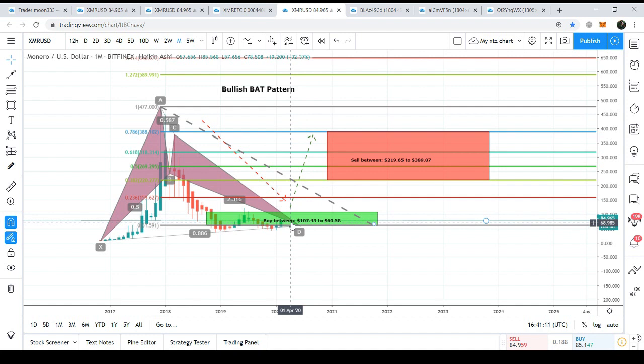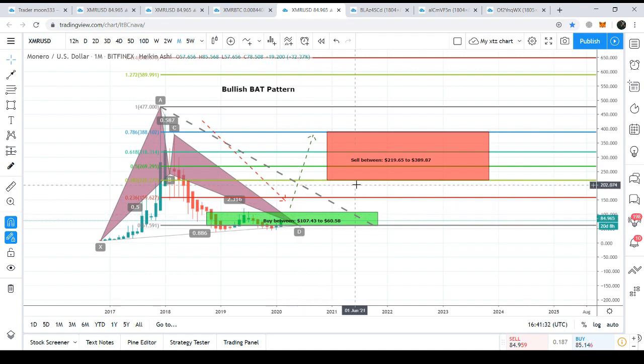Now the price action can take a very, very powerful bullish divergence from here, and we are at the bottom of this potential reversal zone, and you can see that there is a double bottom formation in the potential reversal zone. Therefore, this bullish divergence can be a very powerful bullish divergence.